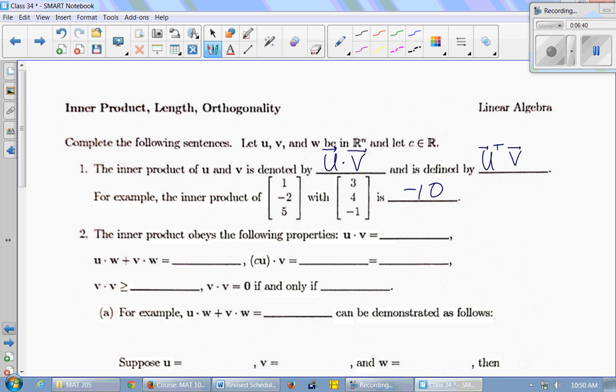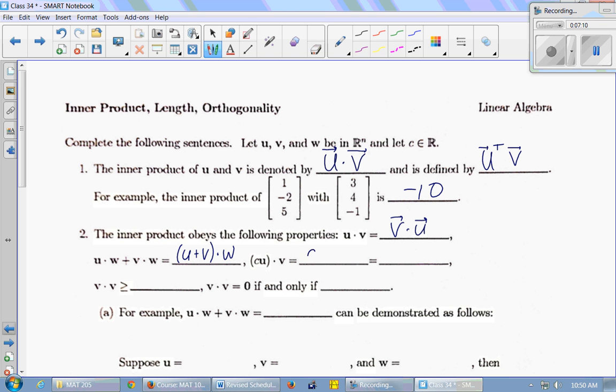So the inner product obeys all these properties. U dot V is the same thing as V dot U, right? It's commutative. And U dot W plus V dot W, you can factor out the W, so you'd have U plus V dot W. And with the scalar, it's associative.